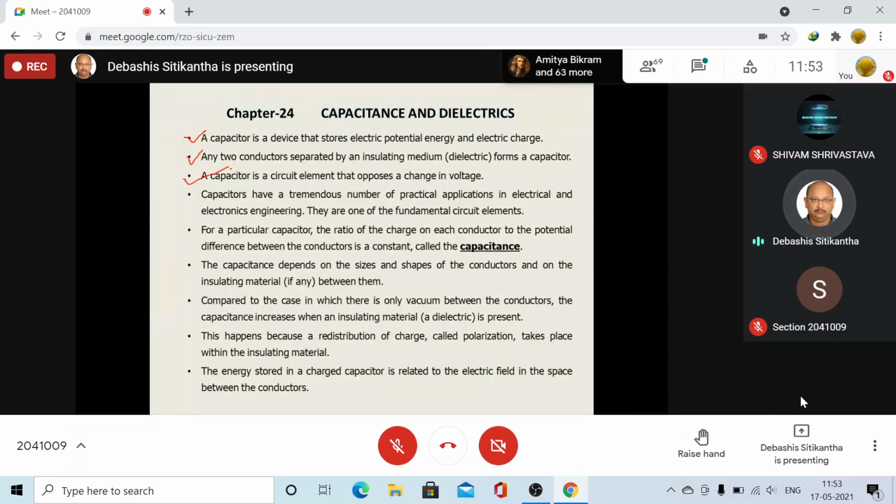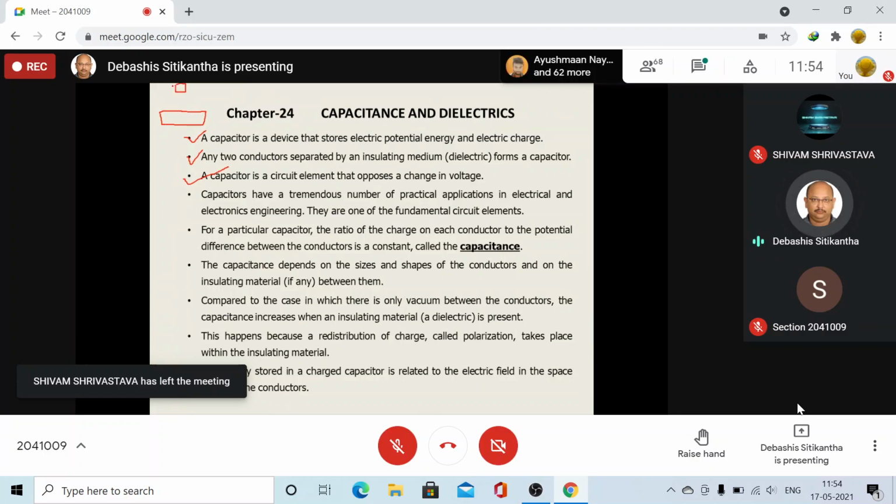But before that, let me give one example through which you can very well understand what I actually mean by saying it opposes a change in voltage. Okay, let us come back to that set-top box. This set-top box is going to be powered by means of a charger or a rectifier like this.